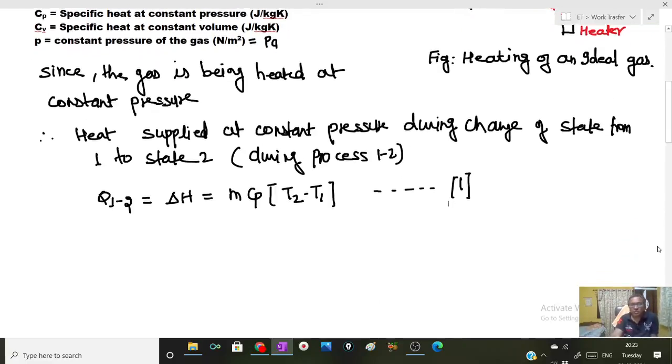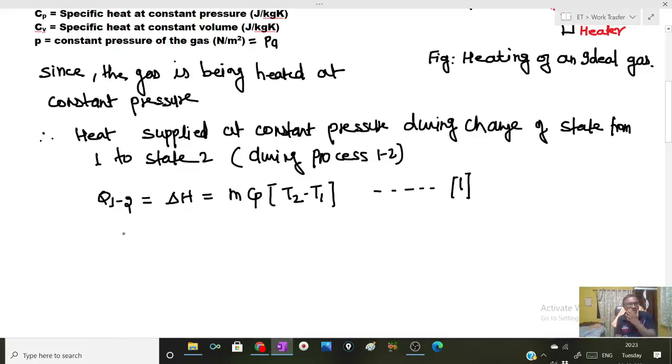Now what happens when the gas is heated at constant pressure and heat is supplied at constant pressure? Some of the heat is being utilized in doing external work, and the rest of the heat remains within the gas and is used in increasing the internal energy of the gas.